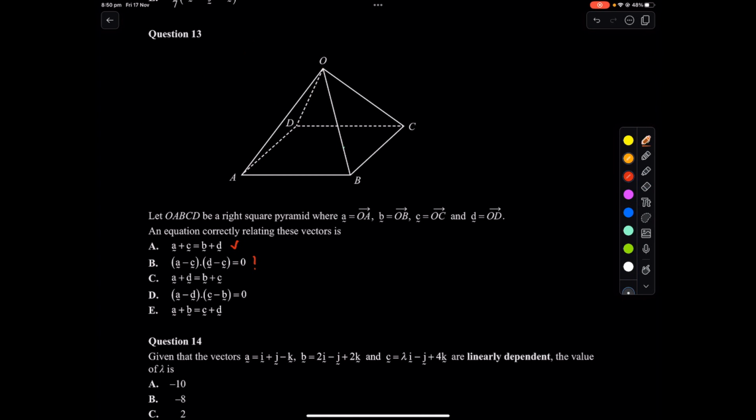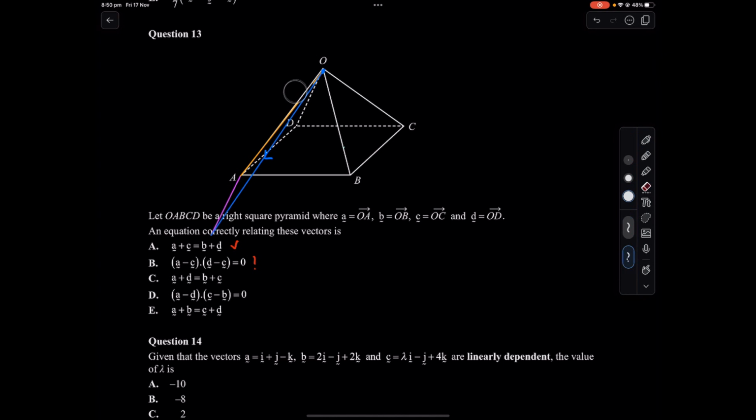Wow, this question's quite long. A plus D. So A plus D is this vector over here, plus D, which is this vector. Imagine taking that vector over here, putting it right over here. Okay, that's an ugly vector. It's going from here to here. It's that blue curve.